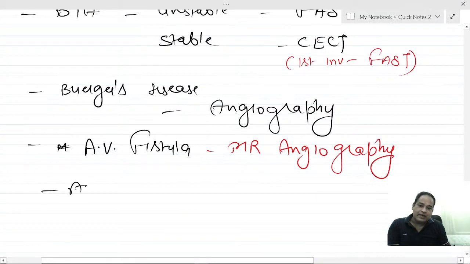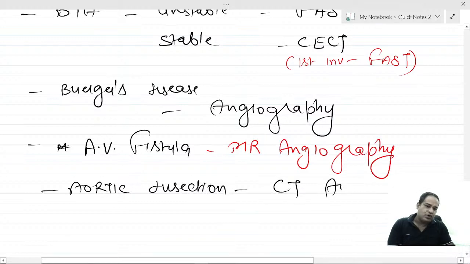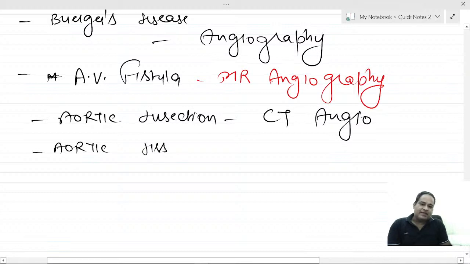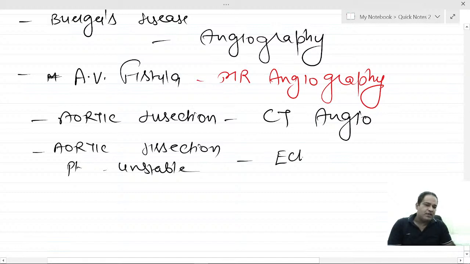For aortic dissection, the investigation of choice is CT angiography. Aortic dissection patient, if unstable, the investigation of choice will be echocardiography.